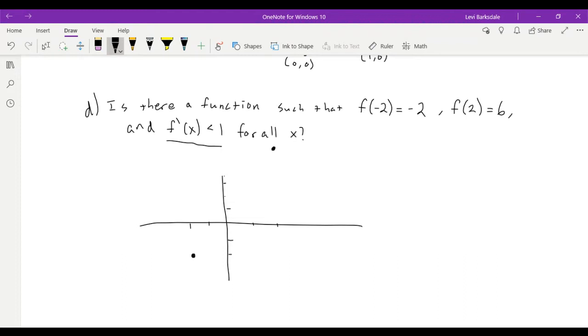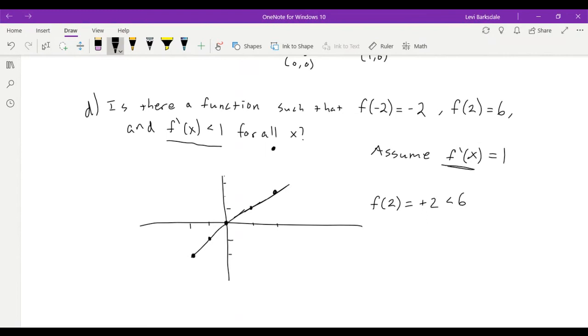So if we assumed that our slope is equal to 1 for all of x, then we would get a point going up like this in a linear function, which means f of 2 would actually be equal to positive 2, which is less than 6, right?